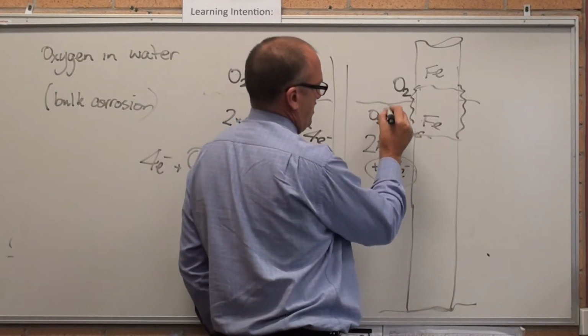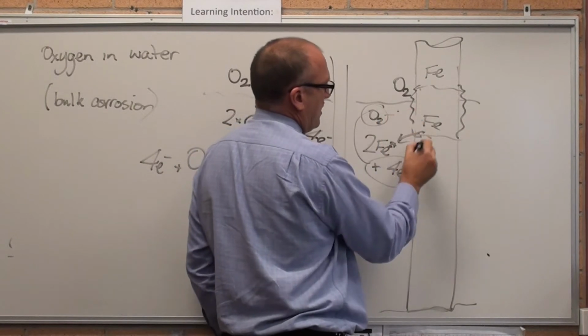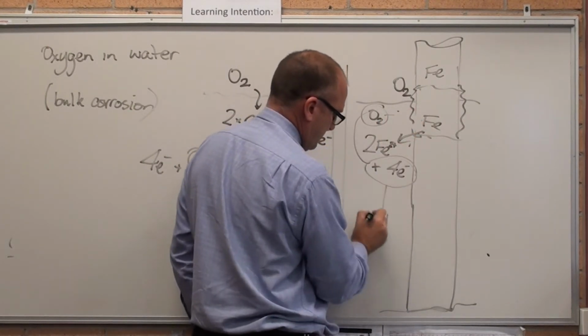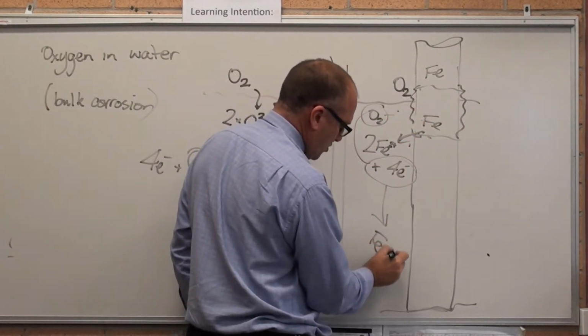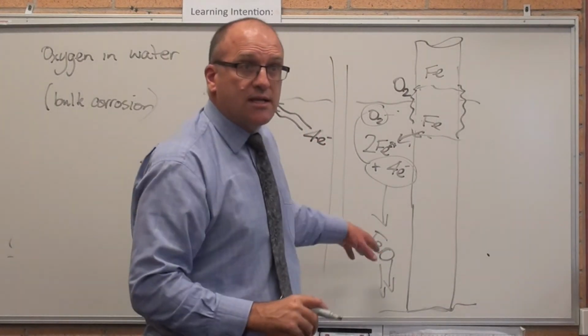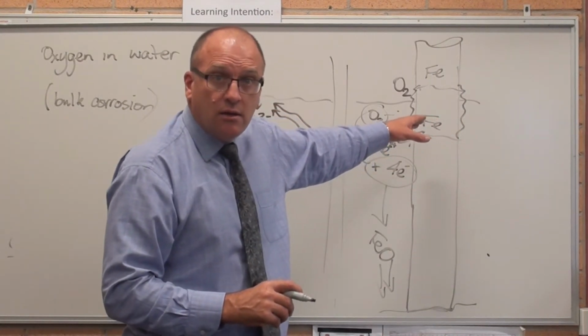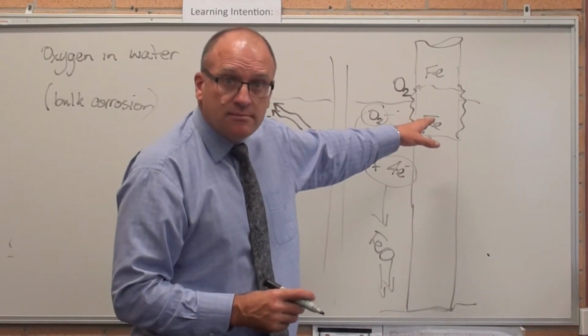The oxygen is picking up those 4 electrons and making iron oxide, which then falls to the bottom of the ocean or stays coated on the surface as hydrated iron oxide, also known as rust.